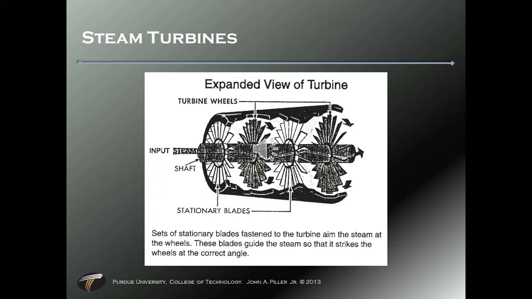A reaction turbine usually has more than one set of blades. Notice that it's conical in nature. The first set of blades reduces the pressure of the steam. By reducing the pressure of the steam, the volume goes up. Reach back and push off the cobwebs from your chemistry courses and think about the ideal gas law, PV equals nRT. As you decrease pressure, volume must go up.